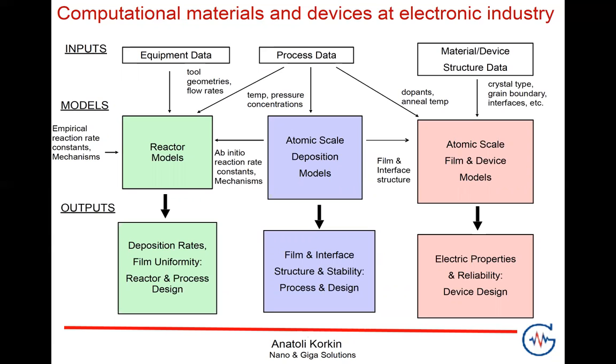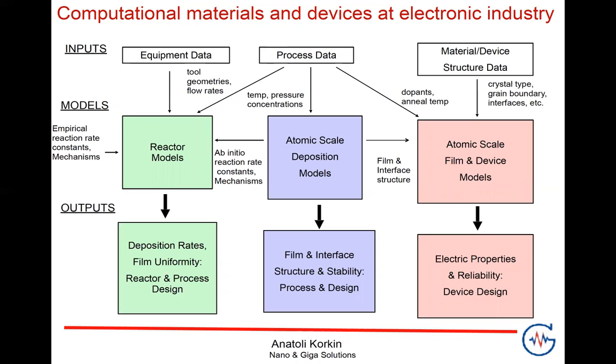Our models for different types of application were reaction scale models, atomic scale deposition models, and atomic scale device models. The corresponding outputs were deposition rate, film thickness uniformity, and assistance in reaction and process design. For the process, we were doing the film and interface outcome from our deposition modeling.